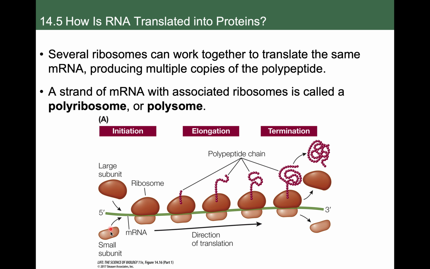So you have a new ribosome just clamping on to the messenger RNA here at the start codon, and then you've got one a little bit ahead of it that's already got a short polypeptide chain, and then one ahead of it where it's grown a longer chain, etc., all the way down to one that's just finished. So it's just a little bit more efficient that way. We could crank out more protein in a shorter period of time.